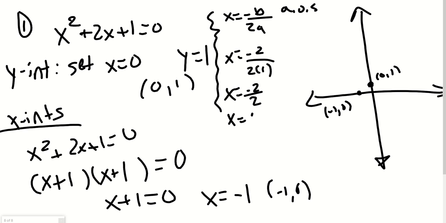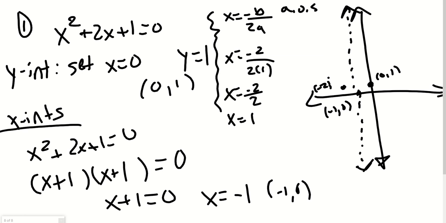x equals -1. So this axis of symmetry, if you remember, is a straight, vertical linear equation that divides a parabola in half. Okay, so if I know that I have a point here at the x-intercept, a point here, and my parabola is going to be symmetric, then my other point has to be at negative 2, 1.